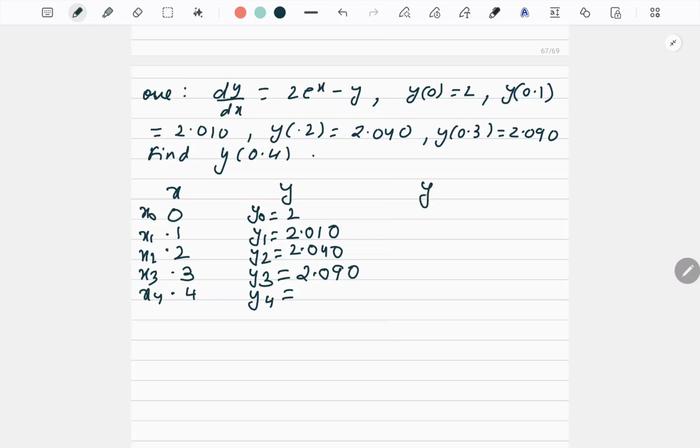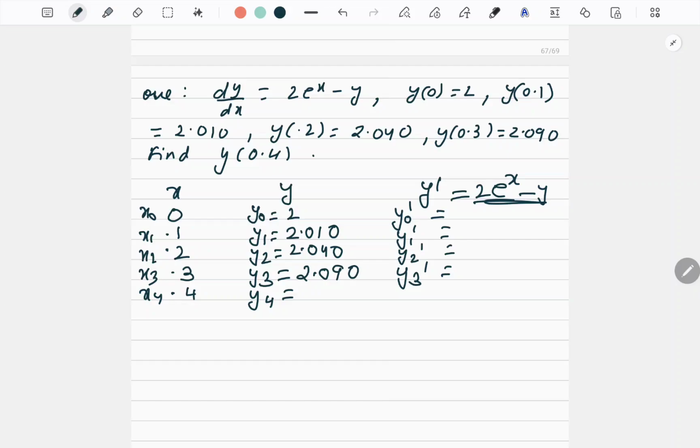So find out now y dash. All of you pause the video and apply this, put the values and find out y0 dash, y1 dash, y2 dash, y3 dash. Okay, so all of you pause the video.